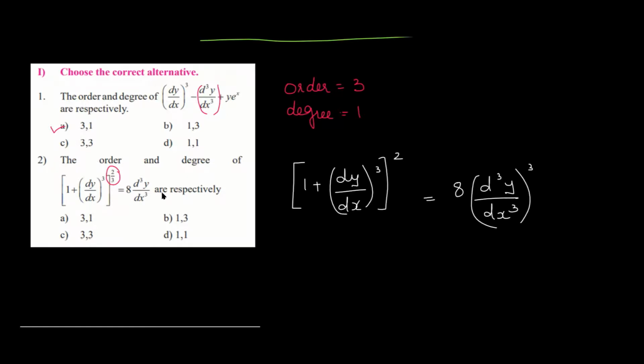We see that the highest order derivative is d3y by dx cube. And therefore, the order of the differential equation is 3 because it's a third order derivative on the RHS. And the degree, that is d3y by dx cube, is raised to 3 again. So the degree is 3. And therefore the correct option is 3, 3, which is C.